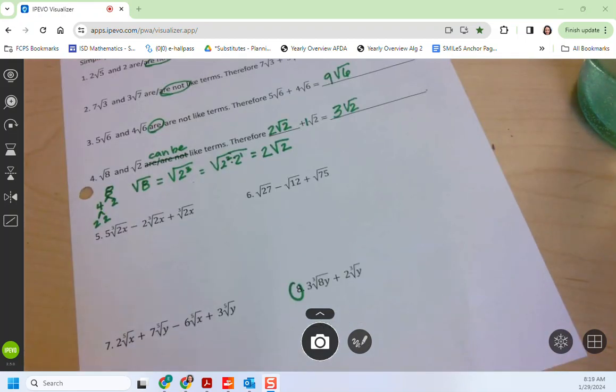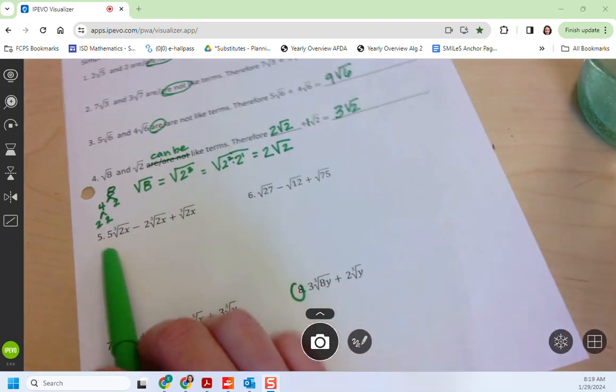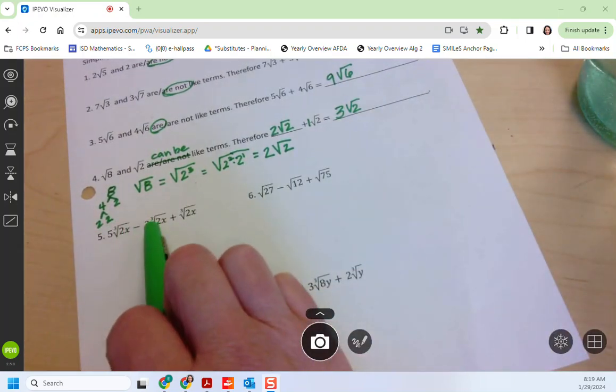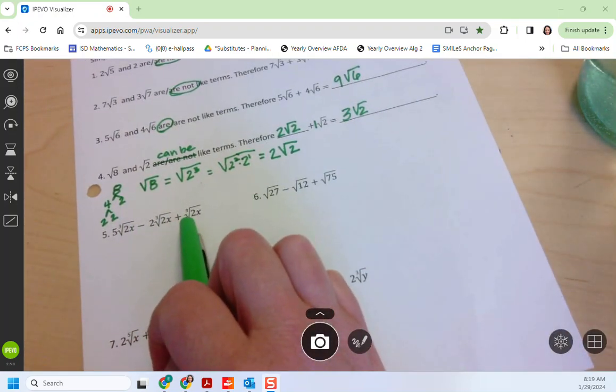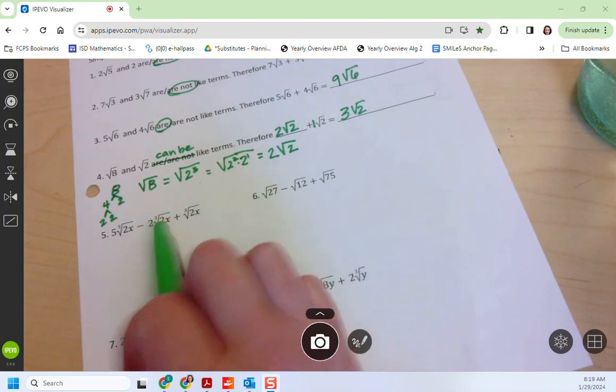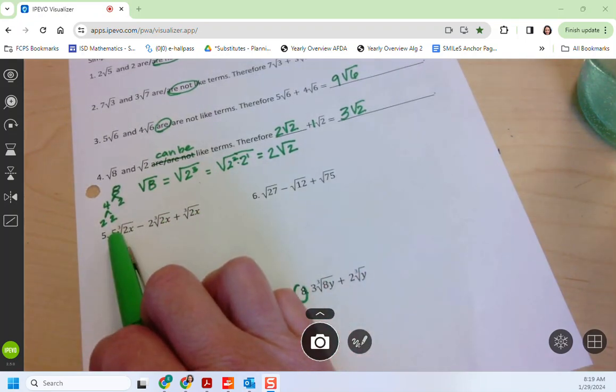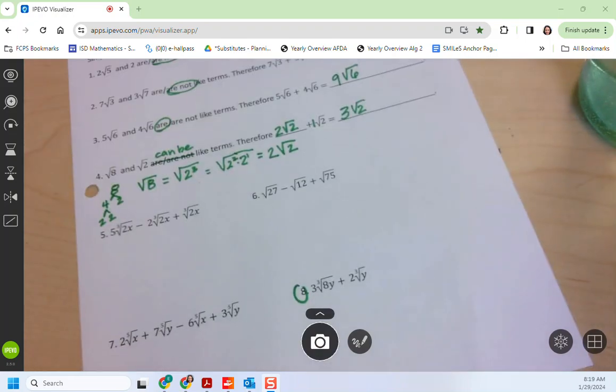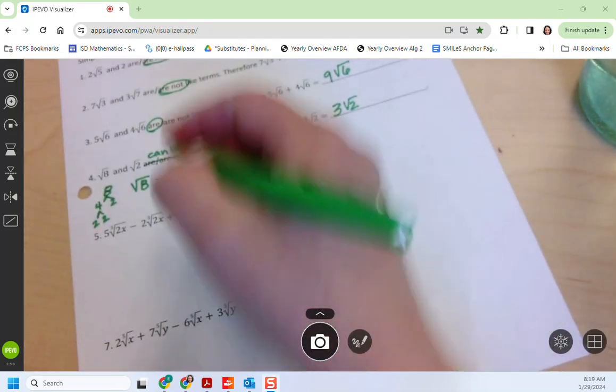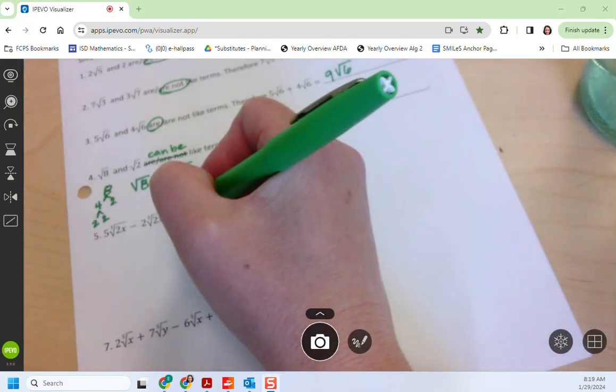All right, let's look at number 5. Do all 3 terms have the same index? Yes. Do all 3 terms have the same radicand? Yes. Remember, the radicand is what's underneath the root. So they all have 2x. They all have an index of 3. So I can combine them just by combining the coefficients. So this is a 5. This is a minus 2. What's this one?